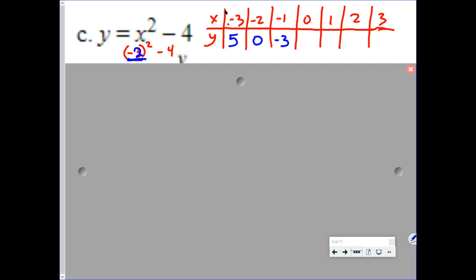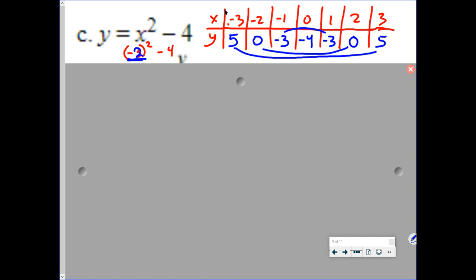Then 0 squared is 0, minus 4 would be -4. 1 squared is 1, minus 4 would be -3. 2 squared is 4, minus 4 would be 0. And 3 squared is 9, minus 4, which is 5. And it looks eerily familiar. Look at that. Okay? So make your graph. When you are done with your graph, please unpause and see if you got it right.